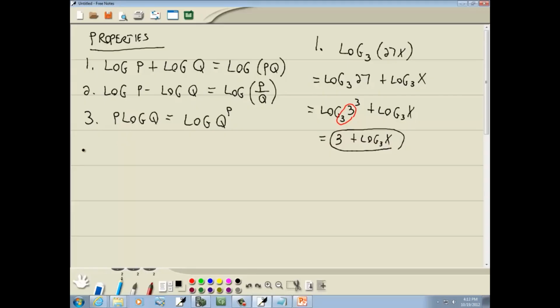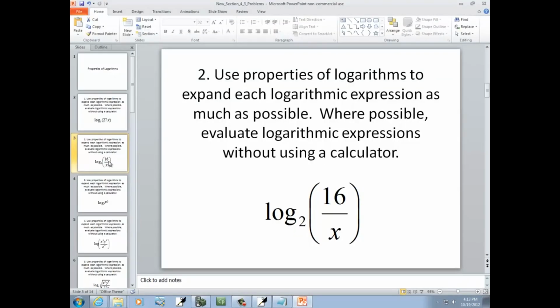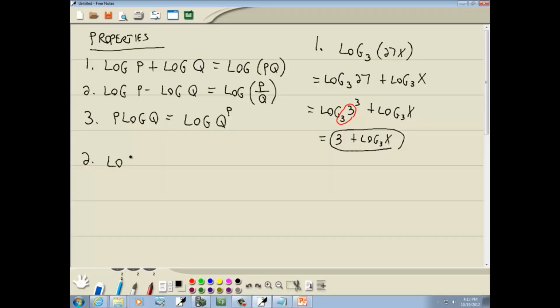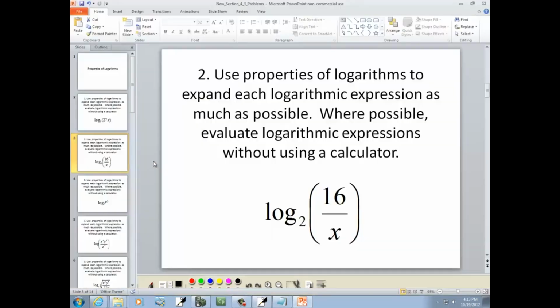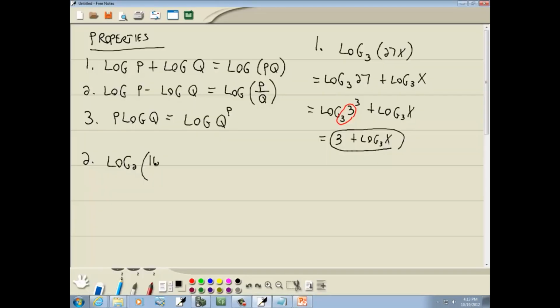Let's look at this one. We've got log base 2 of 16 over x. Well, the main thing happening in this problem is division, and division, from property 2, we can rewrite as subtraction. So this becomes log of 16 minus log of x.